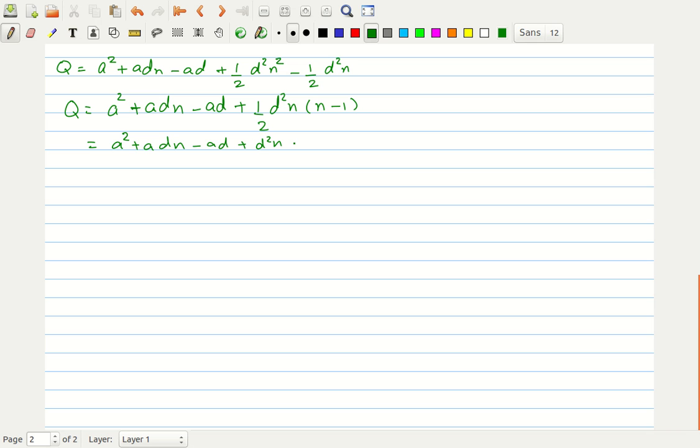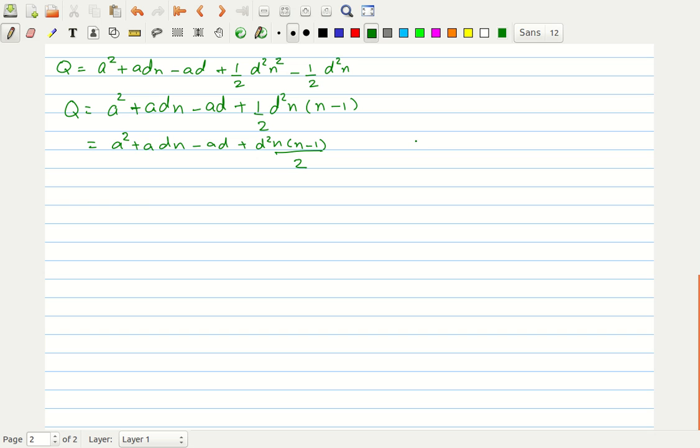All I have to prove is that, in fact, d square is also an integer. All I have to prove is that n times n minus 1 divided by 2 is an integer. And we can see that if n is even, then n minus 1 is odd. But because n is even, n by 2 is going to be an integer. Suppose n is odd, then n minus 1 is going to be even, and still we will be able to divide it by 2.